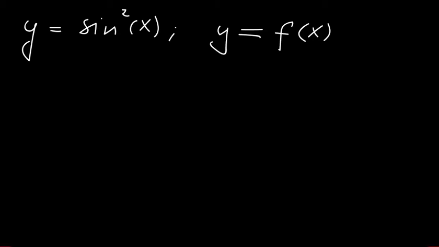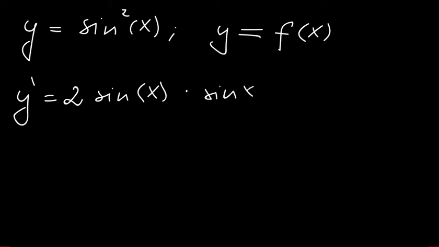So now y prime is equal to, now we need to apply the chain rule. At first we look at this whole function as x squared, some variable squared, and we get 2 sine of x multiplied by the derivative of sine of x.